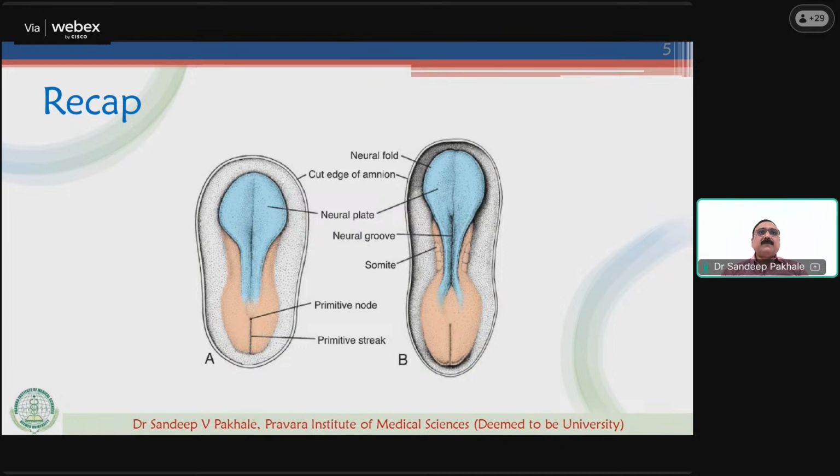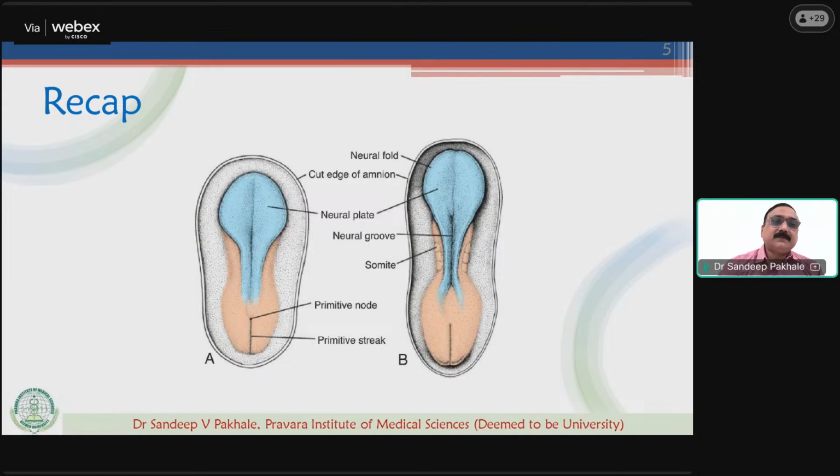Now, to recap the previous session, how the beginning of neural development starts. What we are seeing here is the transformation of ectoderm into a neural plate, which we usually say is a slipper-shaped neural plate, under the inductive influence of notochord.